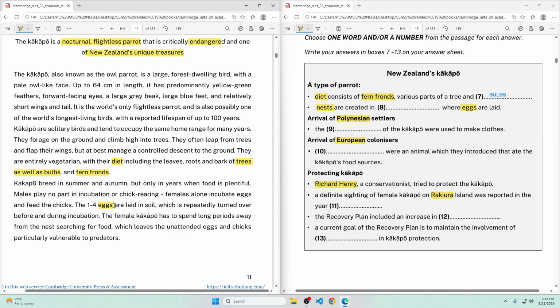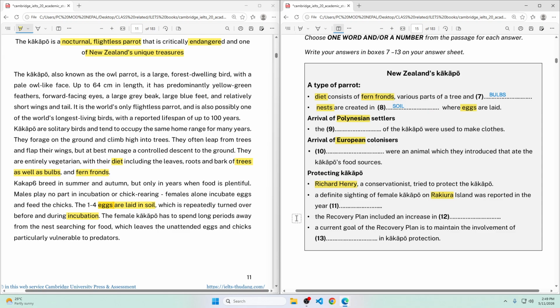We also need nest. So it says here eggs are laid in soil, which means nests are created in soil.